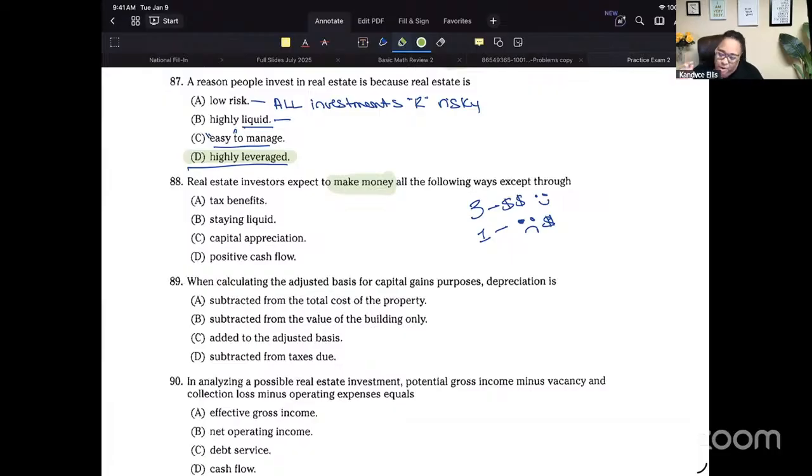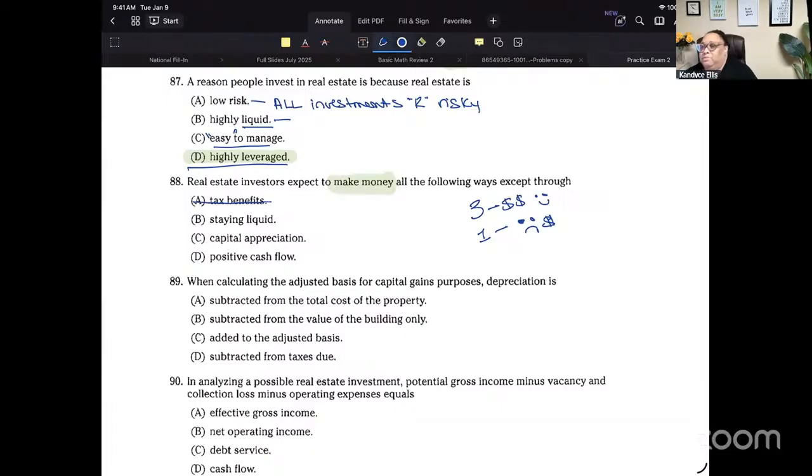Tax benefits: if there is a write-off, are you getting more money? Well, yeah. If I made $500,000 but don't have to pay taxes on $50,000 of it, that $50,000 is in my pocket. So that's not the answer.